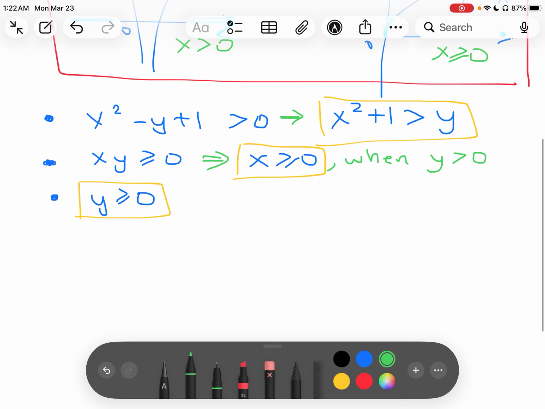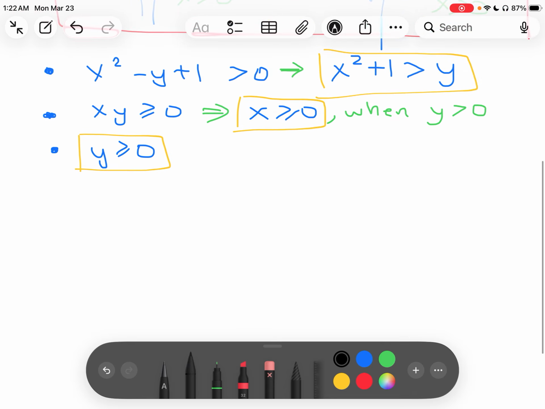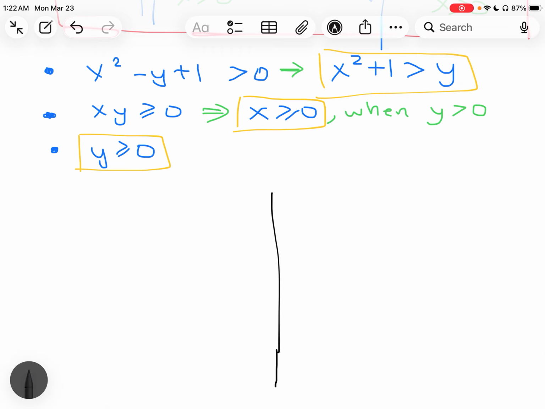Now these are the 3 conditions that we have to satisfy, and let's draw the xy plane. Here we have x, y, 0, and here let's say this is 1.